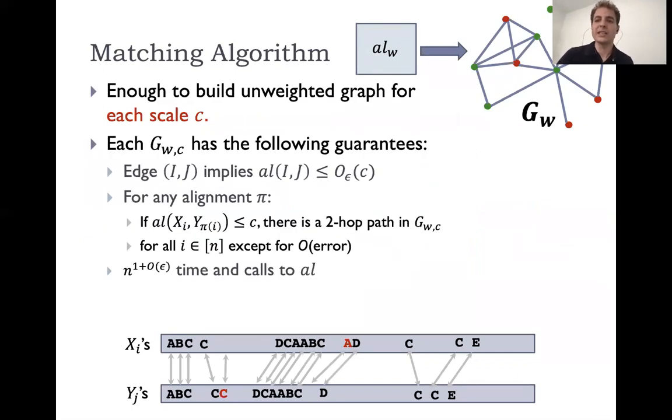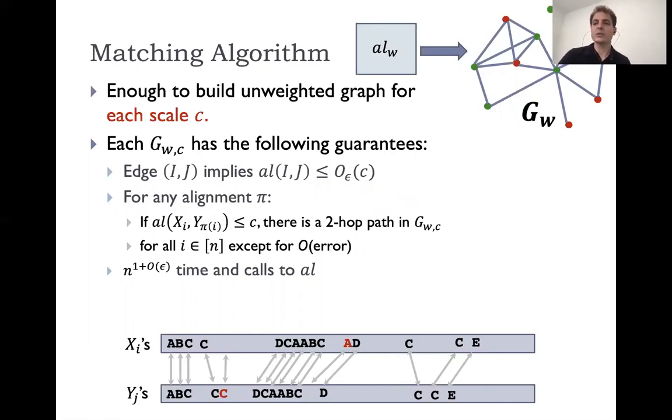So what would be the guarantees of this graph G_W,C? First of all, we're only going to add an edge to the graph G_W,C if the AL distance between I and J is at most a constant away from C. So we're not going to add edges that overestimate I, J ever.